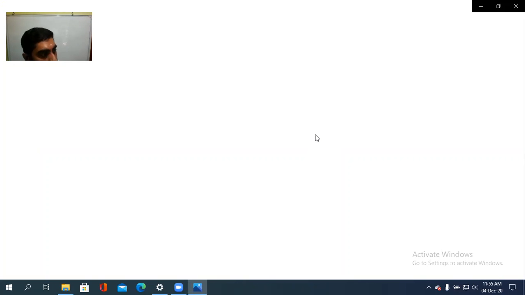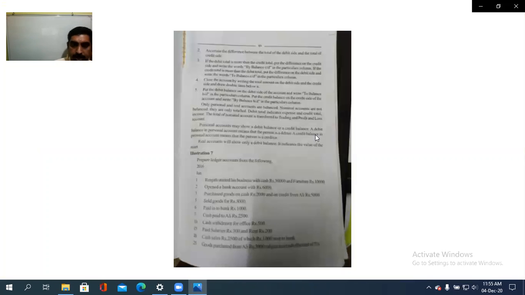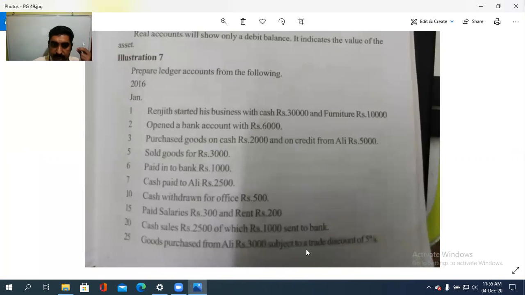Hope you are clear with the journal part. So we will start with this one. Prepare the ledger accounts from the following. In the question it is showing to prepare ledger accounts only, but for our sake, we are preparing with the journal also.